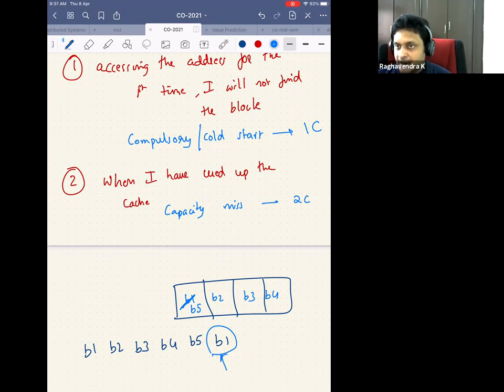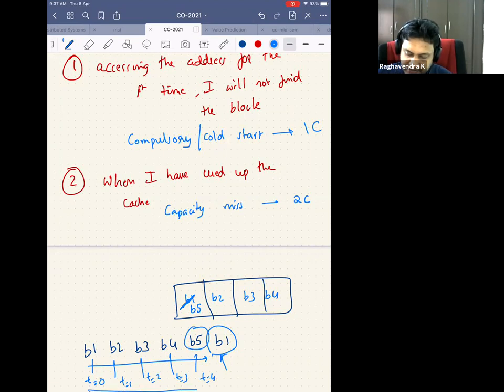Let's say the compiler cannot do that, and I'm always removing the least recently used. In this case, the least recently used was B1 because this was accessed at t equal to 0, this was t equal to 1, this at t equal to 2, this at t equal to 3, this at t equal to 4. So when I brought this B5 block, I saw which has the least time and I removed that.